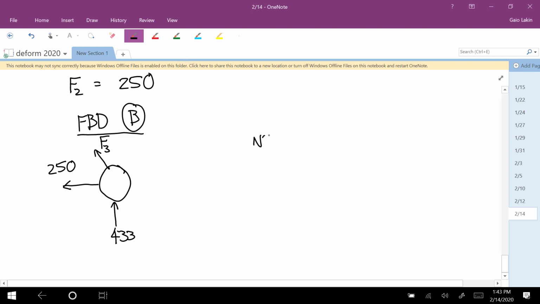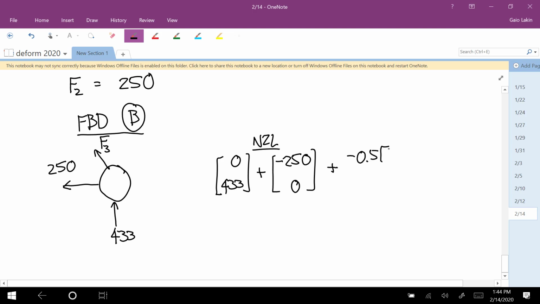And so Newton's second law here says 0, 433 plus negative 250, 0 plus negative 0.5 F3, positive 0.866 F3 is equal to zeros.